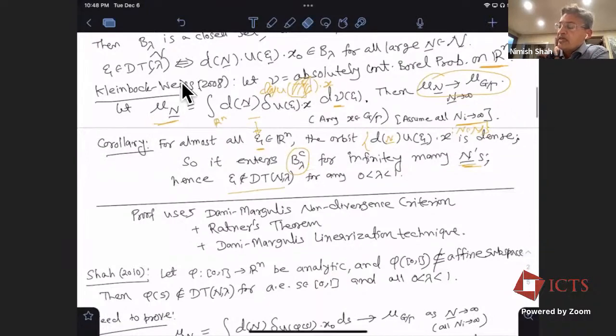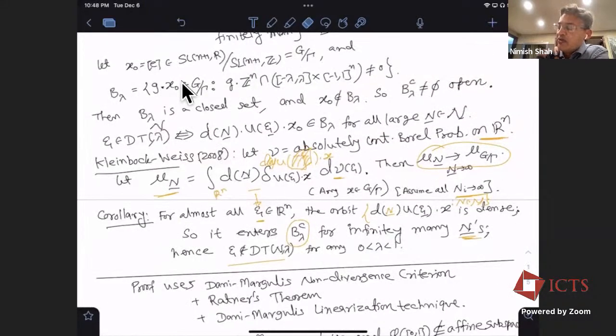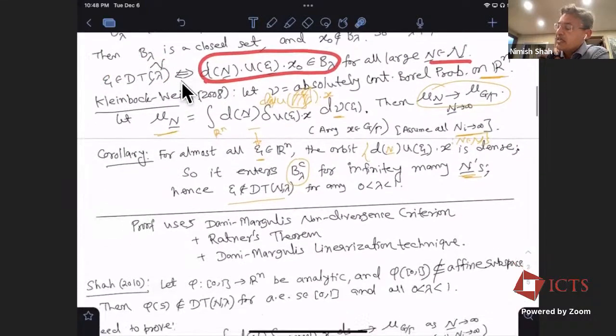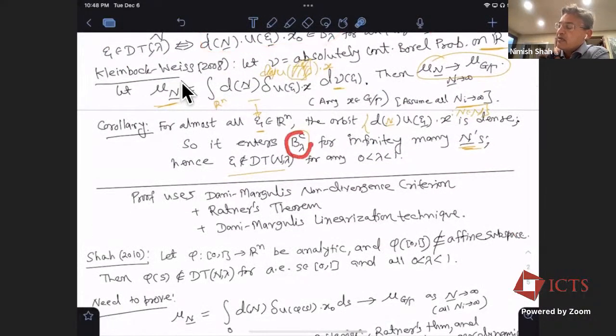In order for that to be inside Dt lambda, it has to be inside B lambda for all large n. But here we are saying it is entering inside B lambda C, which is an open, non-empty open set. It may be very small, but it's still a non-empty open set.